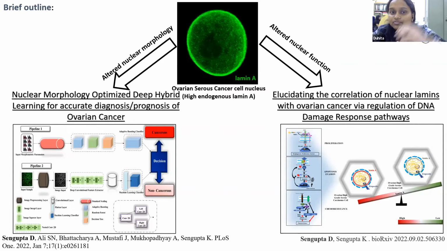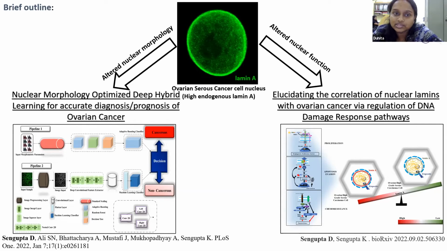Before going to the entire study, I would like to let you all know that the study is based upon ovarian cancer, where we can see the modulation of the nuclear lamina is associated with changes in nuclear morphology and nuclear function.